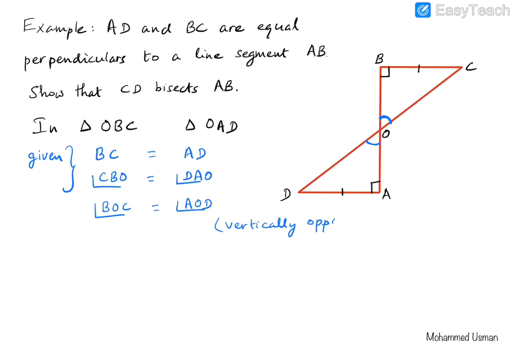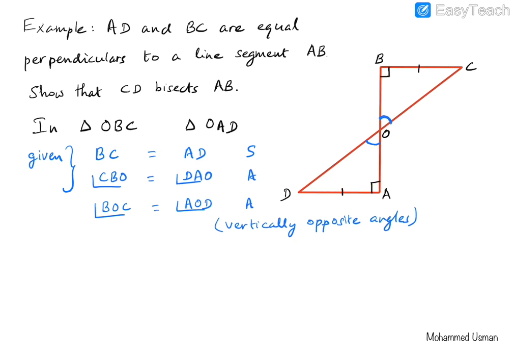Vertically opposite angles. So now we see that we have a side and an angle and an angle. So we have the SAA rule. We could also write it in the opposite direction as AAS. So we have a side, angle, angle, or we can go in the opposite direction, angle, angle, side.